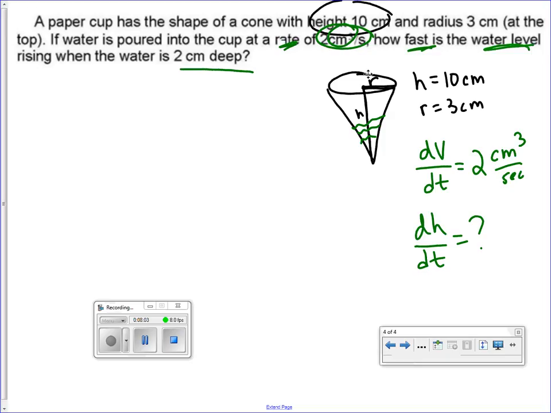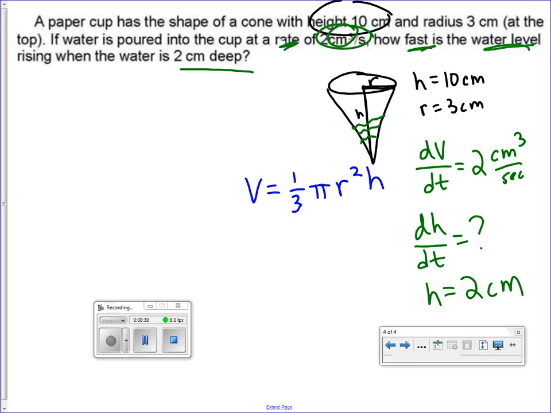If the water is 2 centimeters deep, that is a height. So I need an equation that relates height, radius, and volume. So the volume of a cone, and I'll tell you on the AP exam, these formulas would be given to you, is 1/3 pi r squared h.